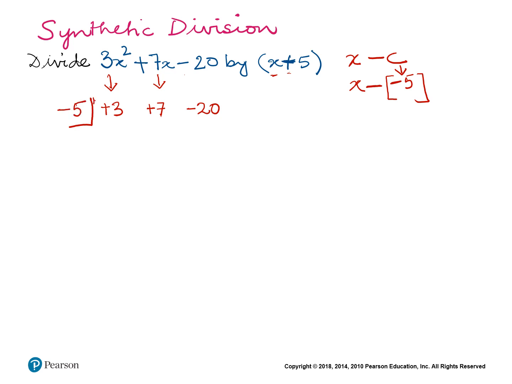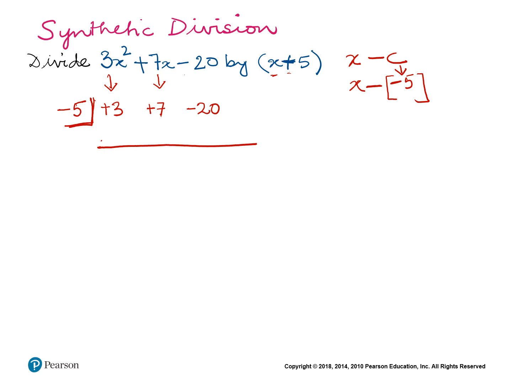Okay, so now we have this partition between the coefficients of the dividend, and we have the divisor, so to speak, on the other side of the synthetic division symbol. And now the next thing that you do is leave some space under the coefficients and draw a line.